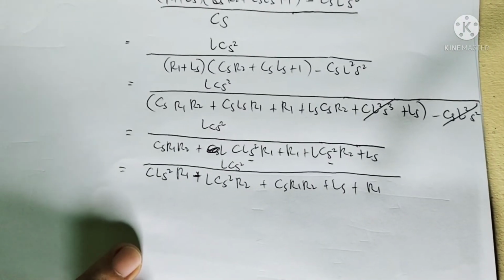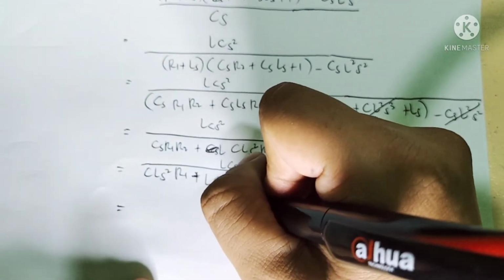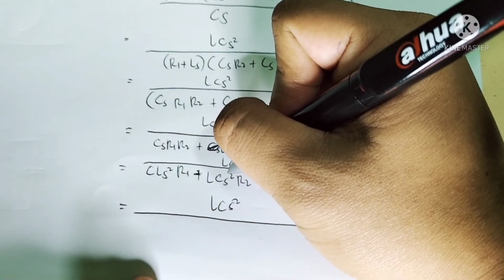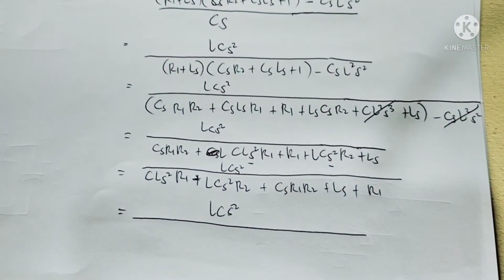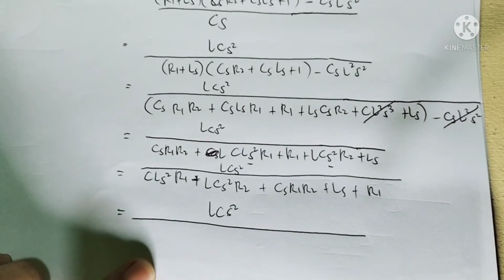So we arrange this. Then next is LCs squared. We're going to take out s squared.